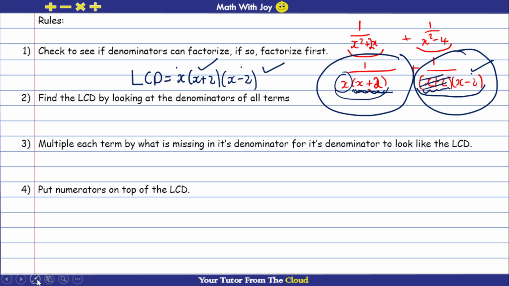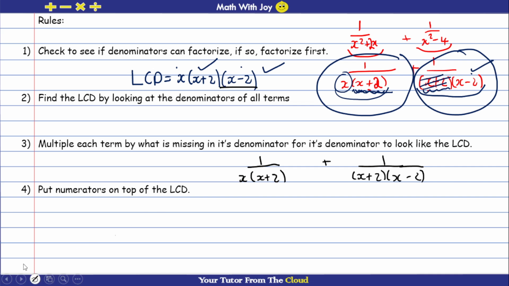So step number 3, you multiply each term with what's missing from the denominator. So I'm going to rewrite this here. I had 1 over x bracket x plus 2, then I had plus 1 over x plus 2 and the x minus 2. So this term needs to be multiplied by the x minus 2 bracket.